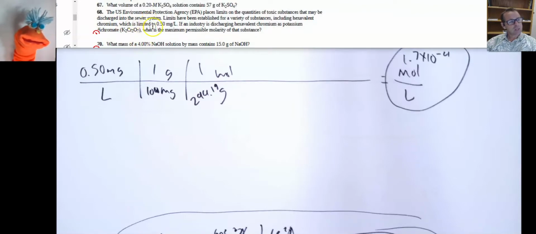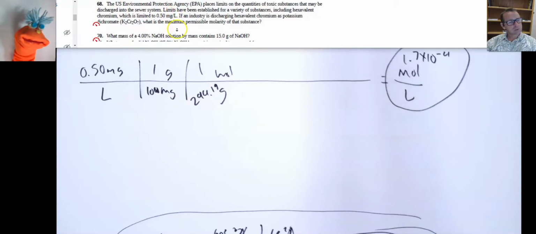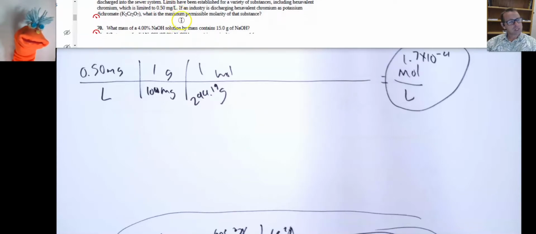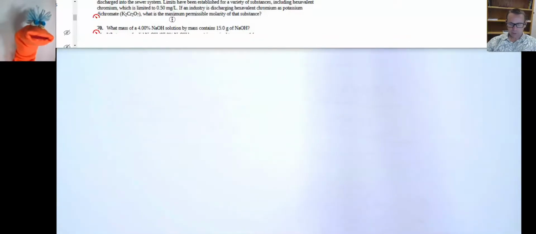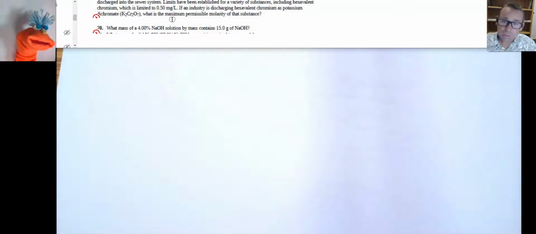Okay, so what mass of a 4% sodium hydroxide solution by mass contains 15 grams of sodium hydroxide? What does a 4% mean? That's a good question, and we're not going to be doing these very frequently at this point. Later on, in Chem 1220, we'll be doing them more frequently.